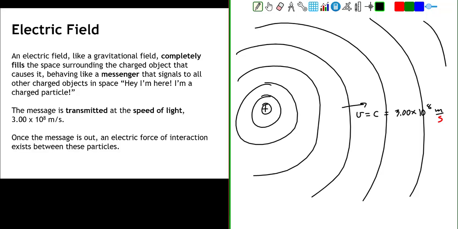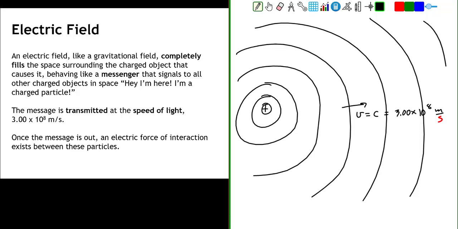Once the electric field message is sent out, it will exert a force on another charged particle in space around it. But I have to tell you, if there are no other charged particles in space, how I have this drawn with these concentric circles, that's not how we really map the electric fields.